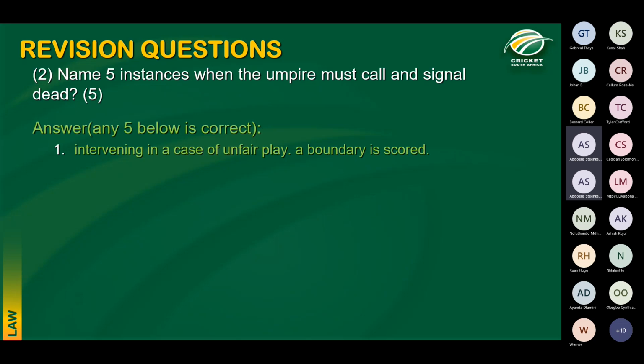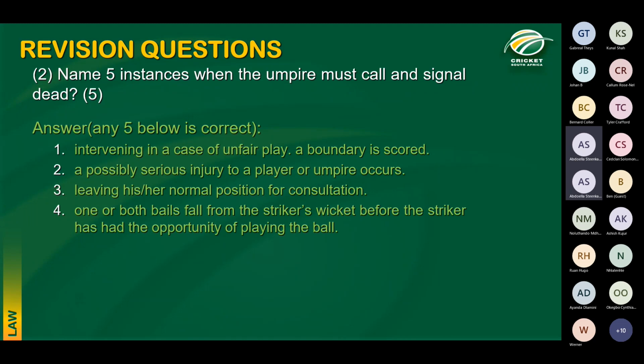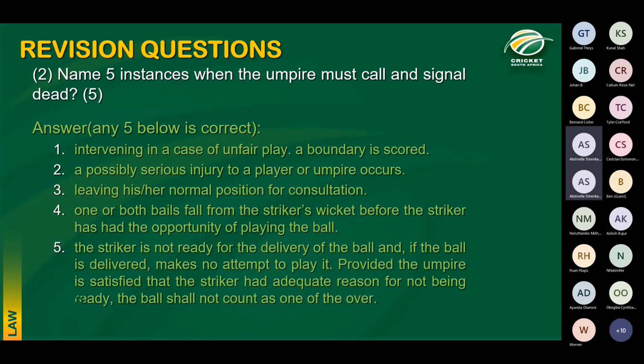When the umpire needs to intervene in a case of unfair play, call and signal dead ball. Serious injury to a player or umpire, call and signal dead ball, leaving his or her normal position to consult. If one or both bails falls from the striker's wicket before the striker has opportunity to play the ball, call and signal dead ball.